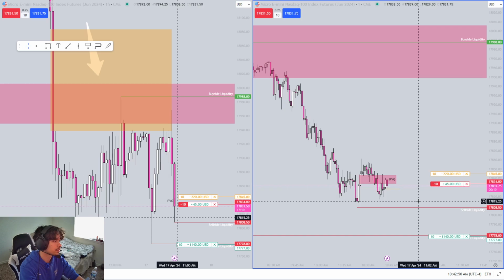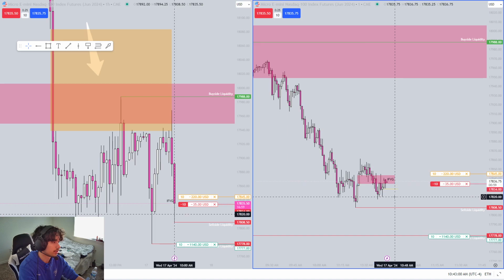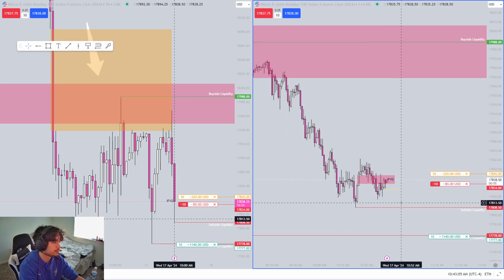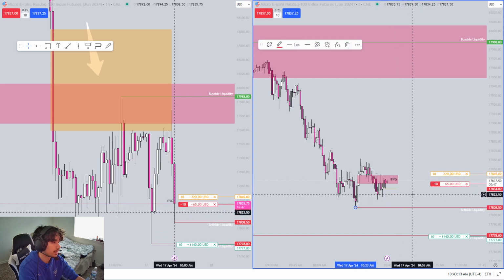Got 10 seconds left. Okay. Doesn't look like it wants to. See, I don't like how it's currently closing inside of this inversion fair value gap. I would like to see price close outside of it. Okay. Power of 3. Create the high of the minute.